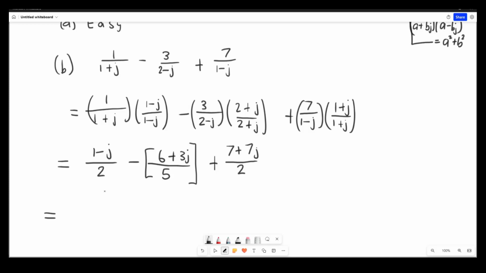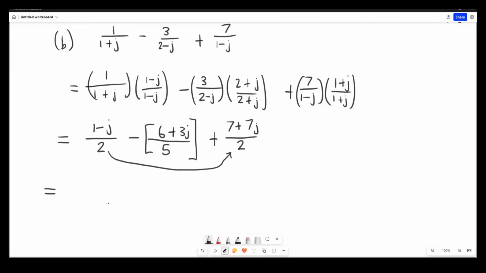I can add these two now if I want to. I can add those two. Then I just add the numerators now. 1 plus 7 is 8. Minus j plus 7j is 6j. 7j minus j is 6j.